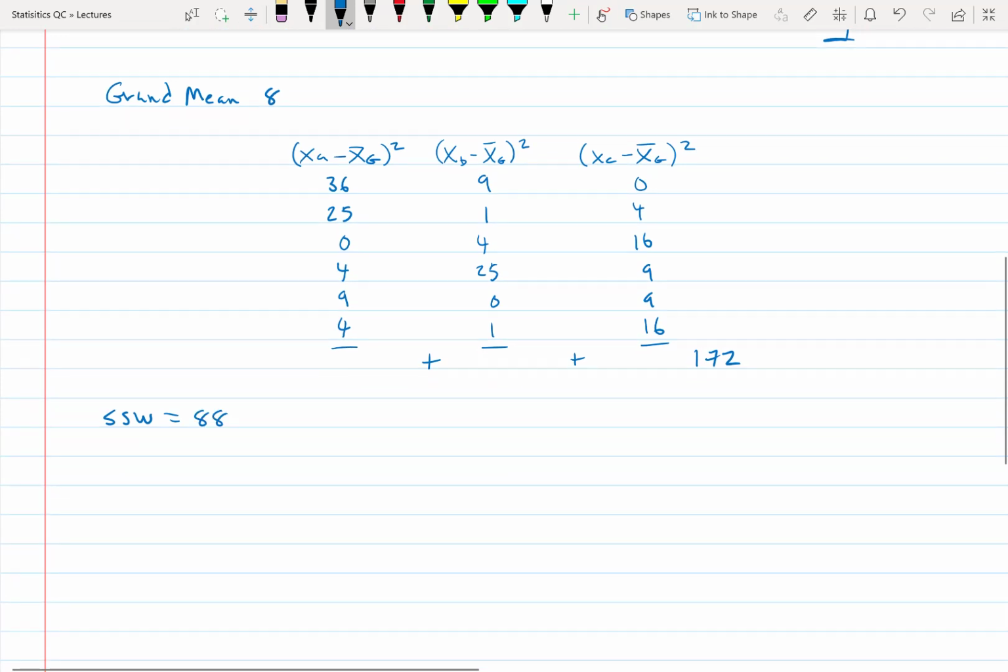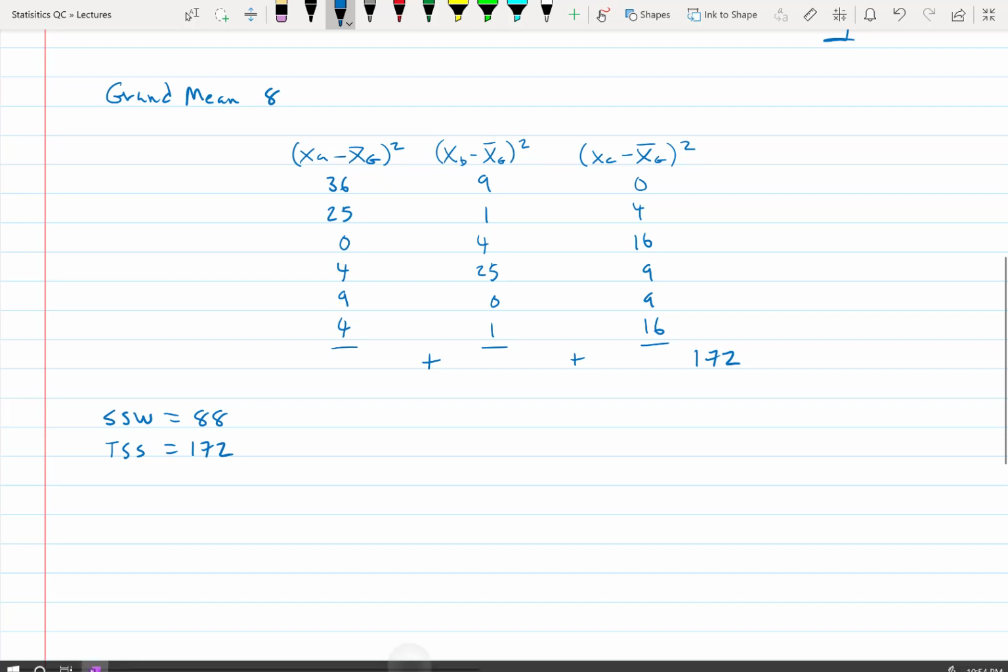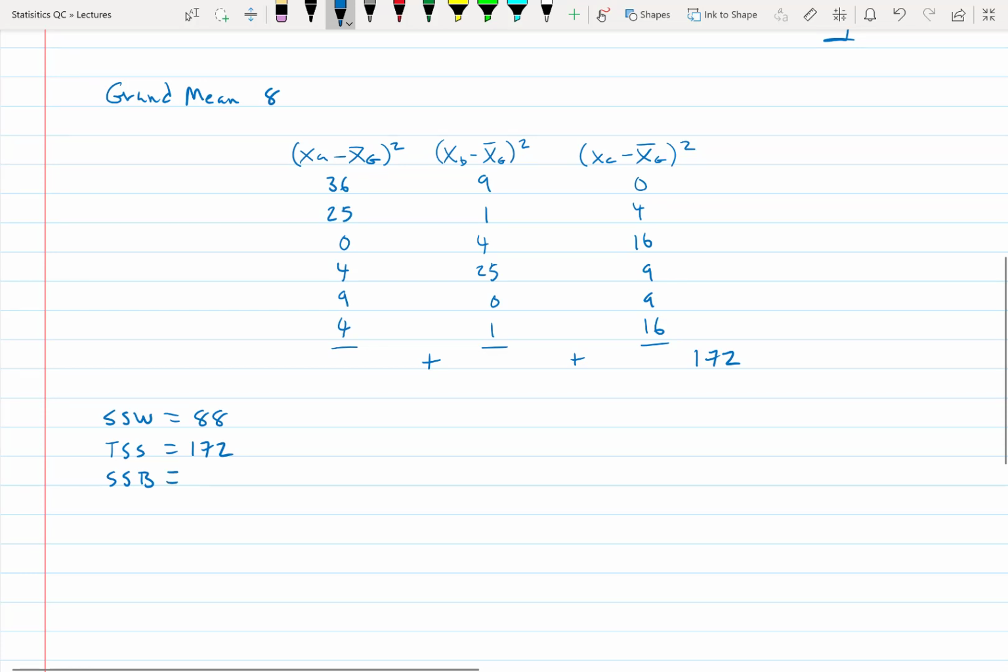Total sum of squares equals 172. Therefore, our between sum of squares is 172 minus 88, which equals 84. All right, we're making progress here.